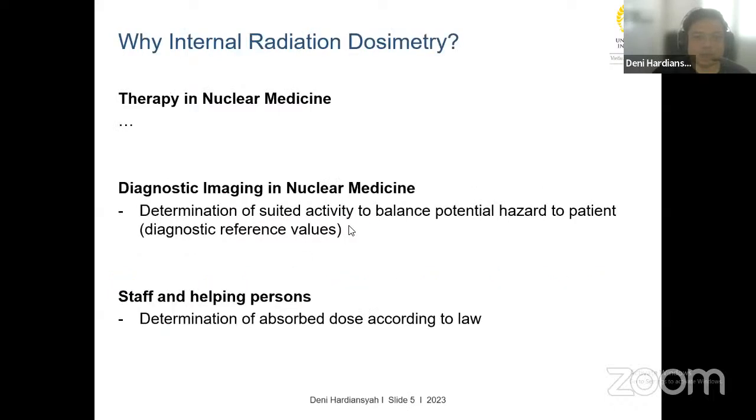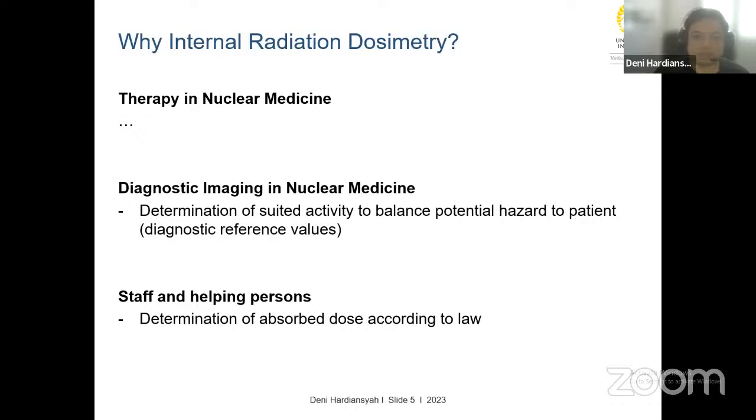So again, why internal radiation dosimetry? We know that when we use radiation, we deliver something that can destroy cells. In this therapy in nuclear medicine, we inject a radioactive substance into the bloodstream of a patient, and we can imagine this substance moving around the body, giving radiation and destroying cells.